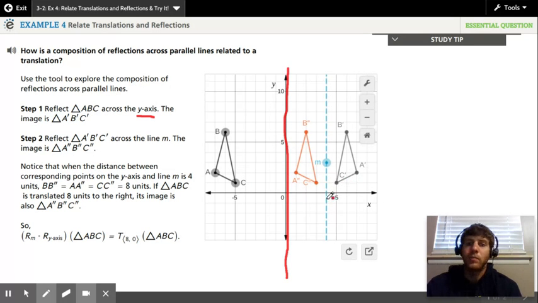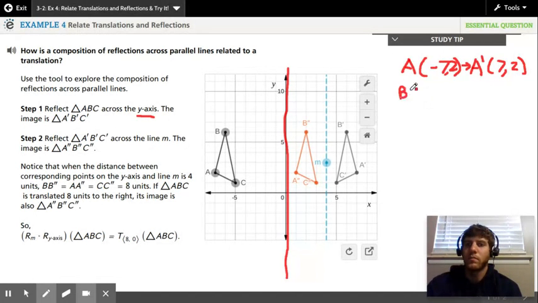The other way, if we're reflecting over the y-axis, is to simply change the x coordinates. If we were to write out our points here, A is going to be negative 7, 2, which means A prime is going to simply be 7, 2.